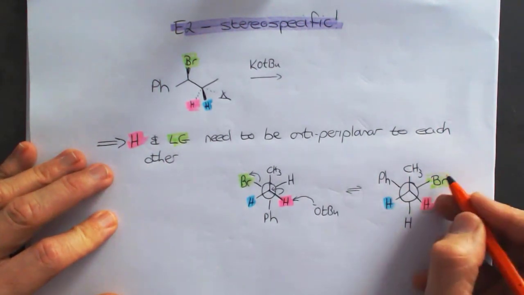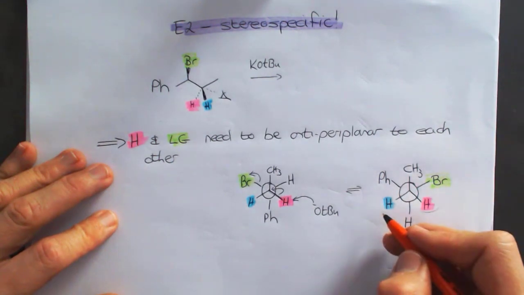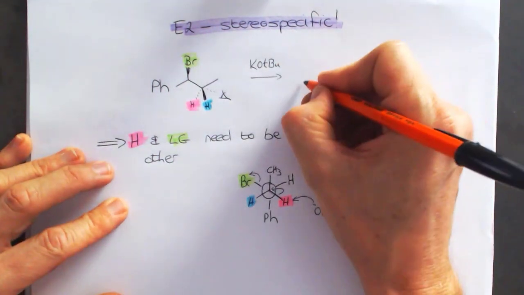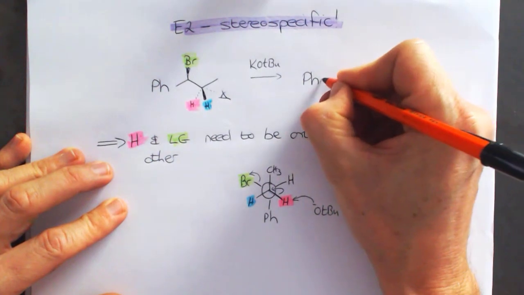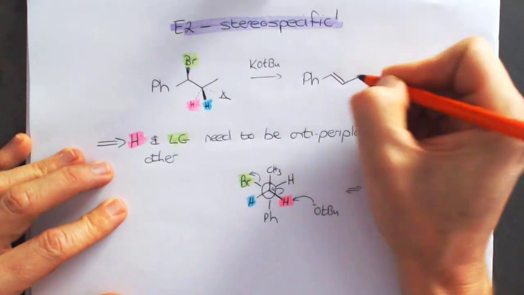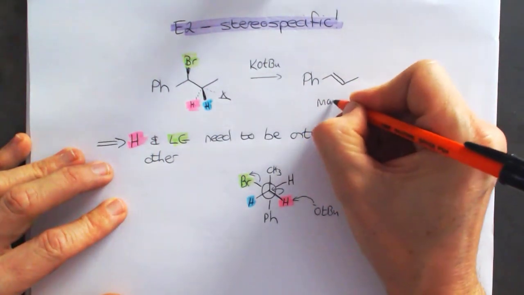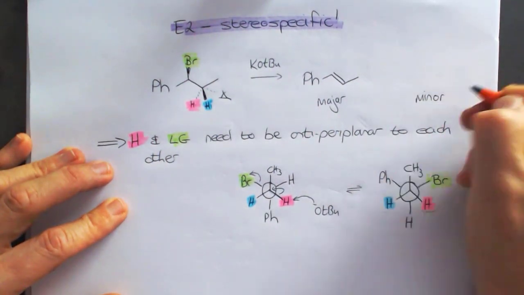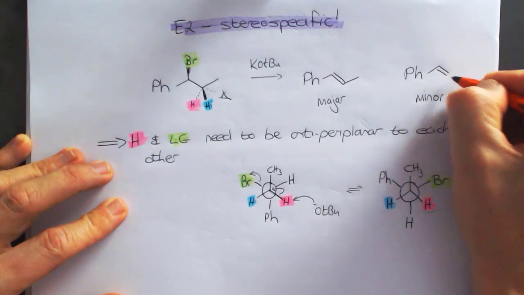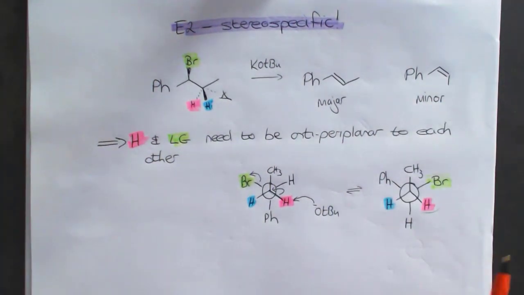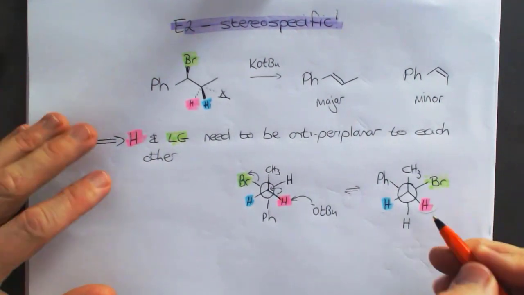And the product of that would be not the trans product. So the major product over here would be the E product, or trans. This is major. And the minor product would be the Z product over there.